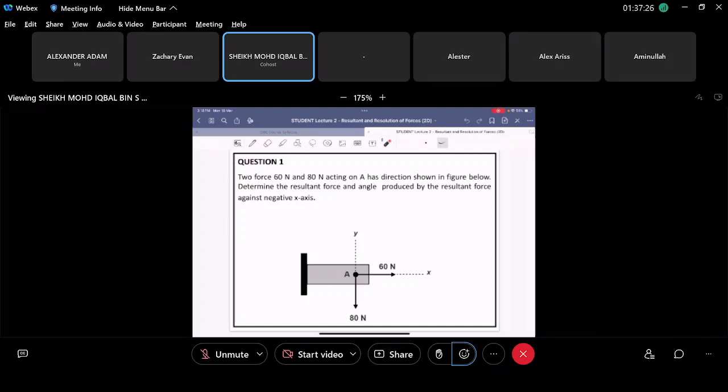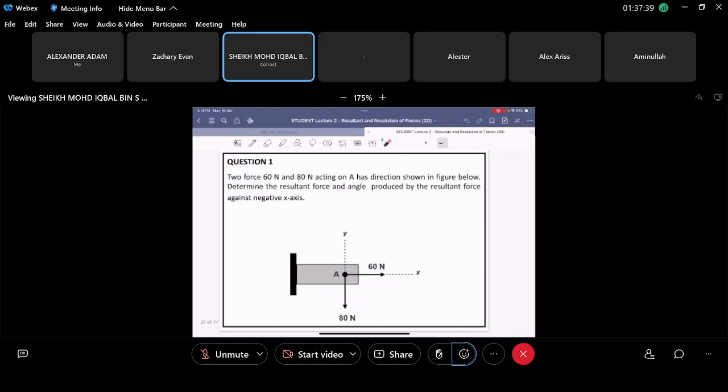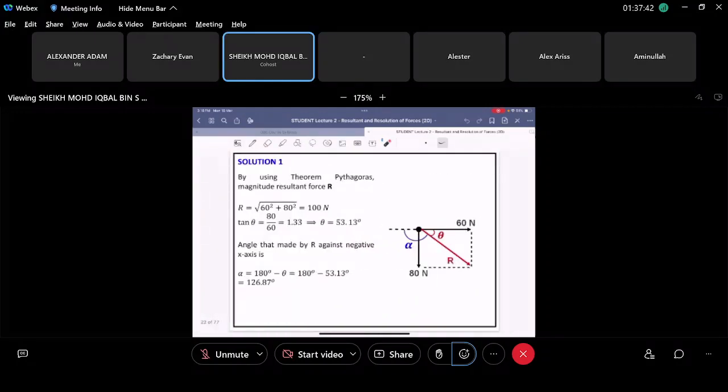You have to polish your free body diagram skills, how to simplify the figure into a free body diagram so that it is easier for us to do the calculation. So this is your free body diagram. See how simple it is when you simplify it.